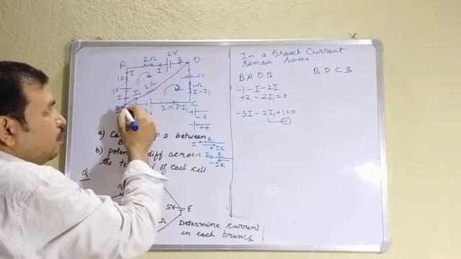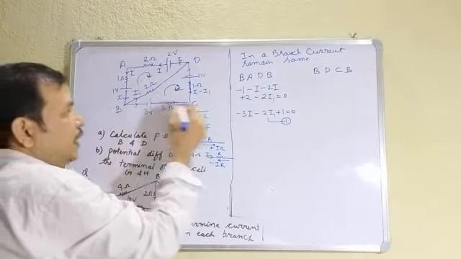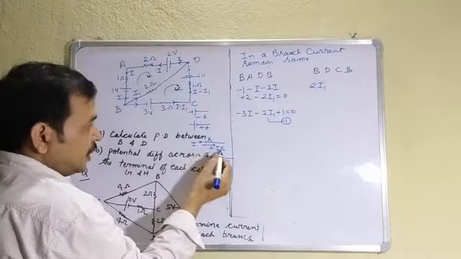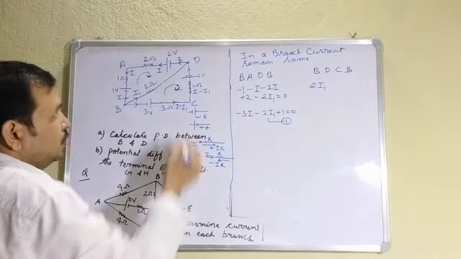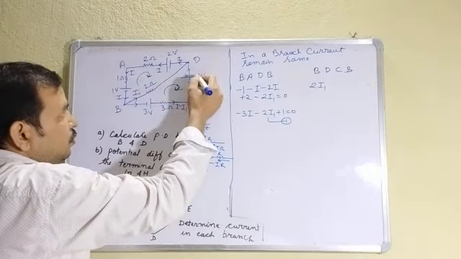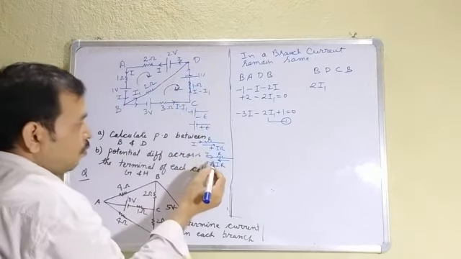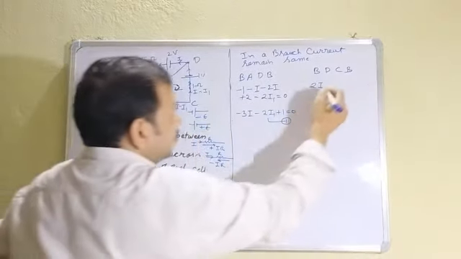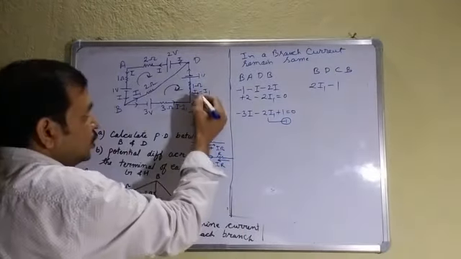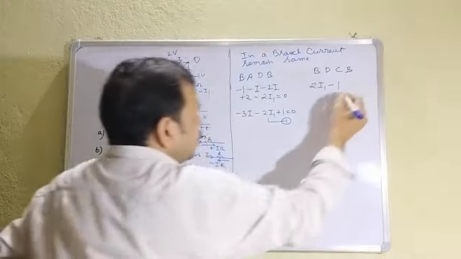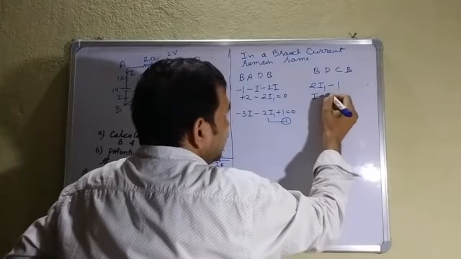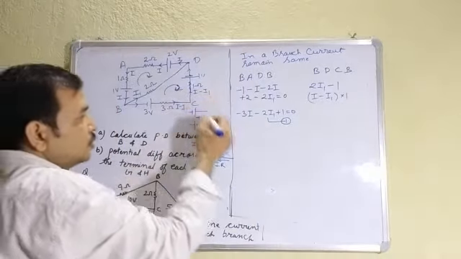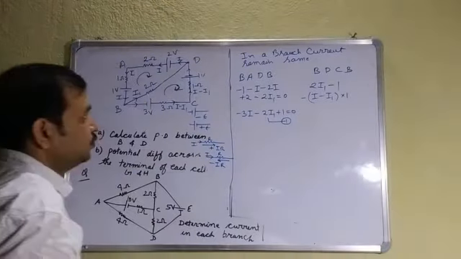Now BDCB, from B to D, I am moving in the direction of current, so the product IR is positive. From D to C, first I will face the cell from minus to plus. From minus to plus, EMF is negative. Then this product I minus I1 into 1, I am moving against the current, so product is negative.